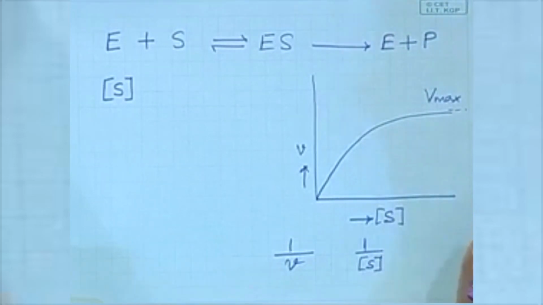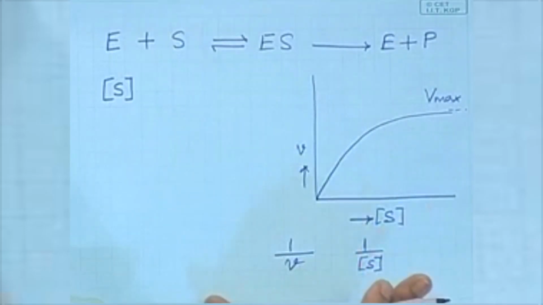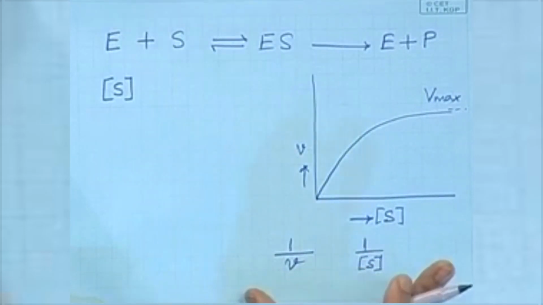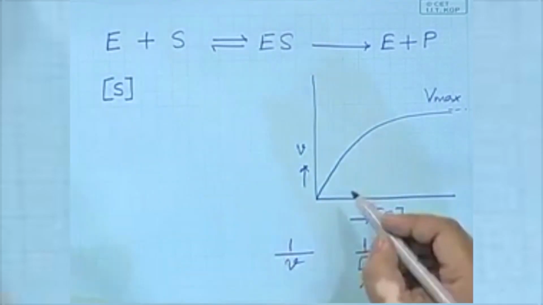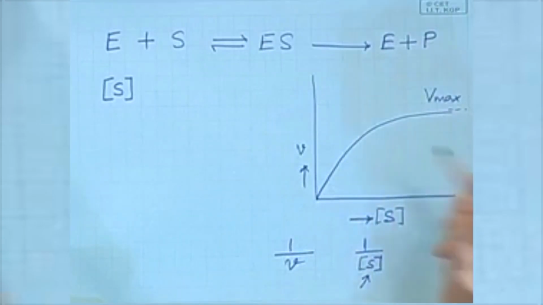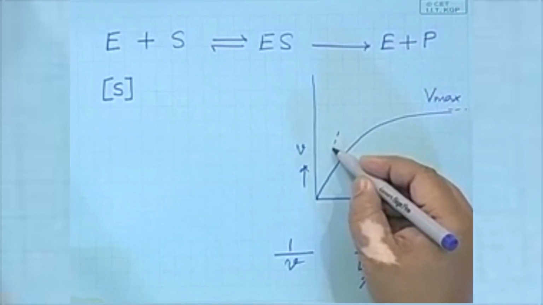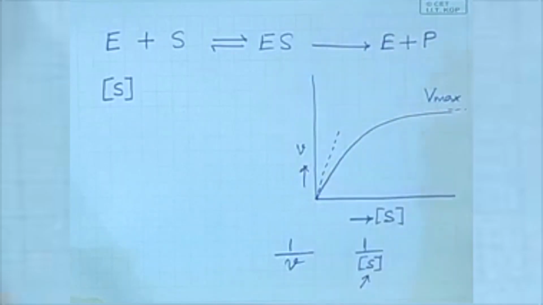So what I have to do is conduct this particular experiment for a number of substrate concentrations. Okay. So this is for one substrate concentration where I will calculate what is called my initial velocity.